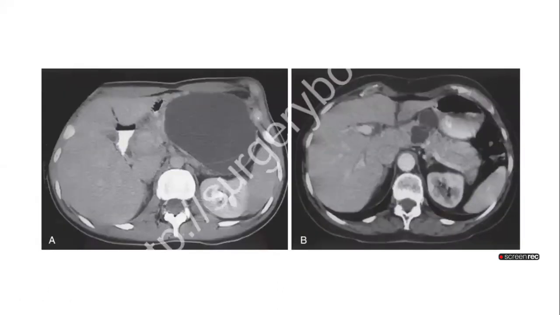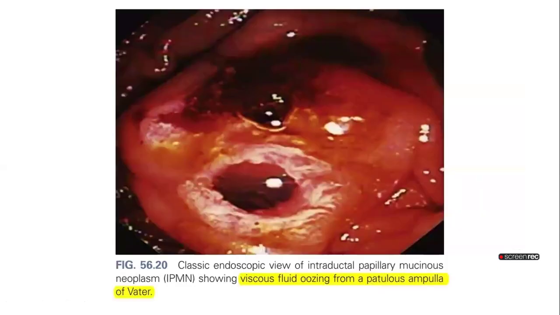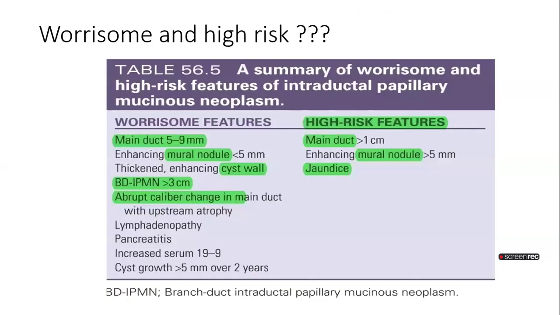This is the mucinous cystic neoplasm, huge unilocular cyst, and here we could see the two cystic lesions. This is the mucinous cystic neoplasm, and this is the endoscopic view, which is showing the patulous ampulla with the oozing out of mucin. It's a case of IPMN, intraductal papillary mucinous neoplasm.